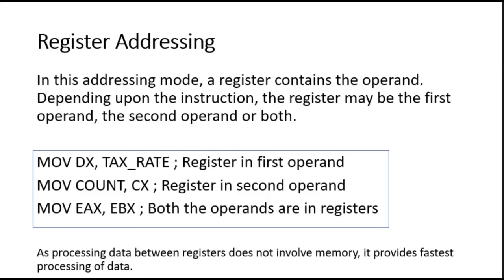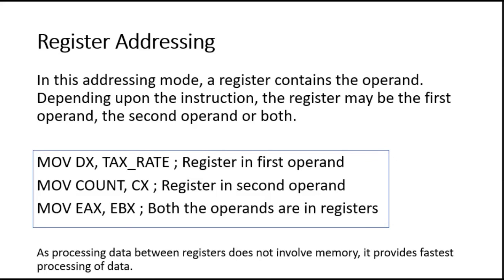Now, as processing data between registers does not involve memory, it provides the fastest processing of data. So in other words, if you're doing register to register, it's faster than register to some variable or a certain variable to register.